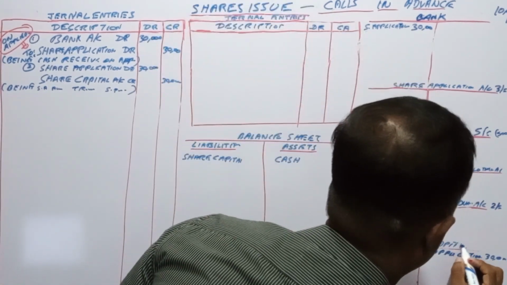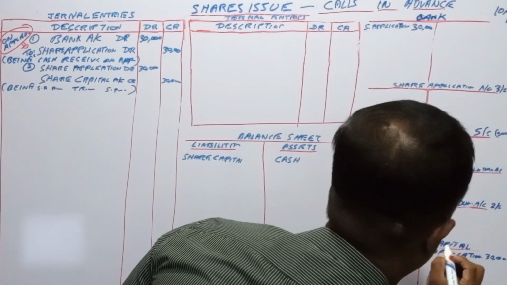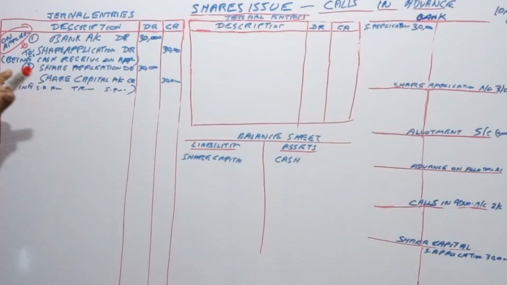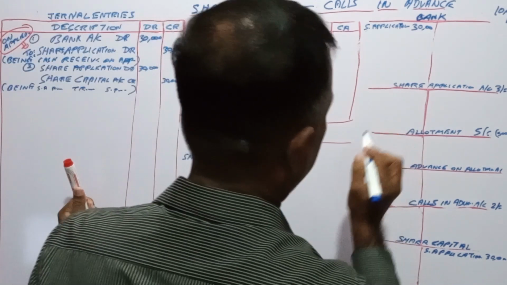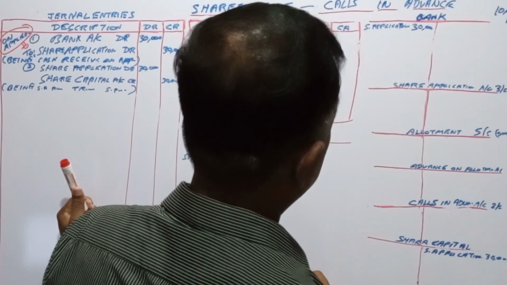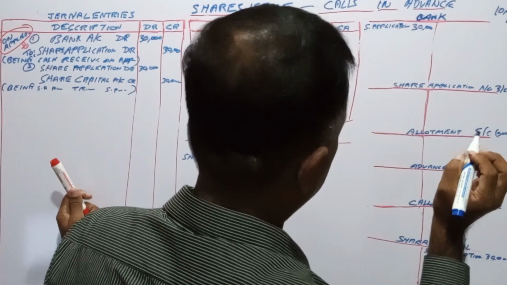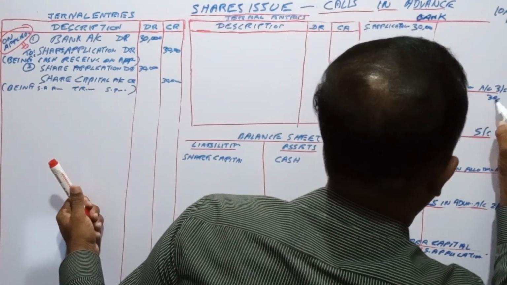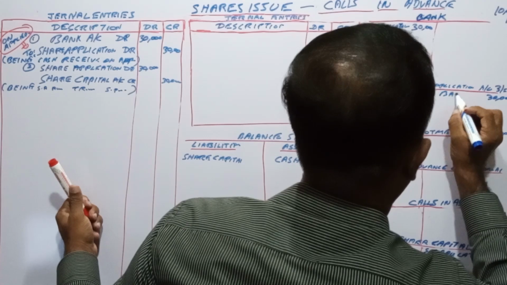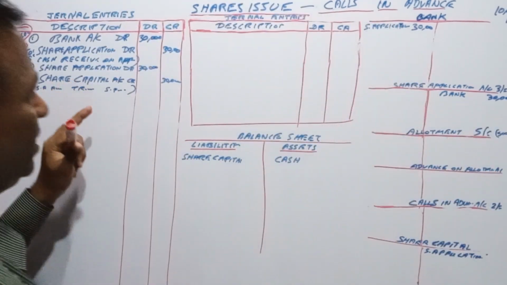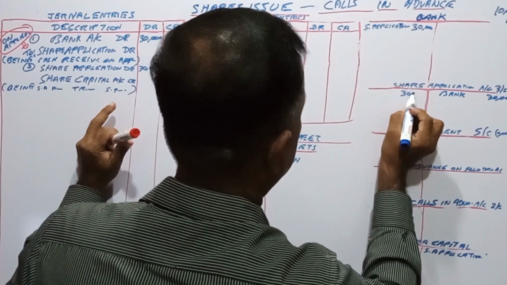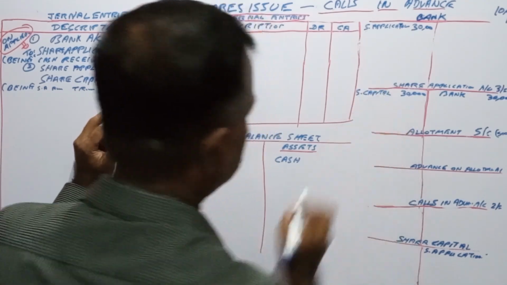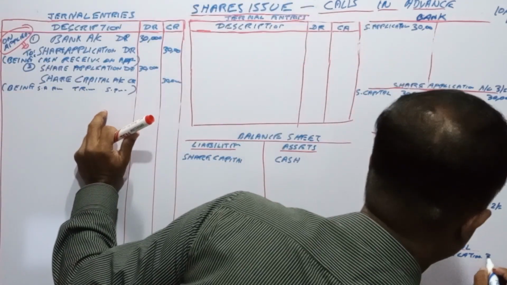Then share application account debit 30,000 to share capital account credit 30,000.